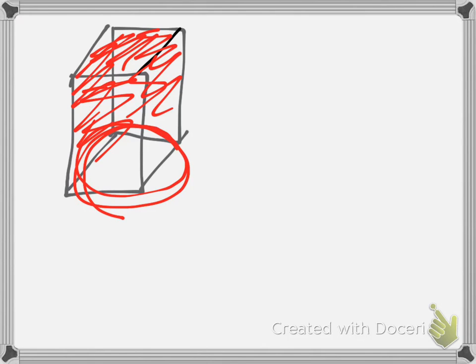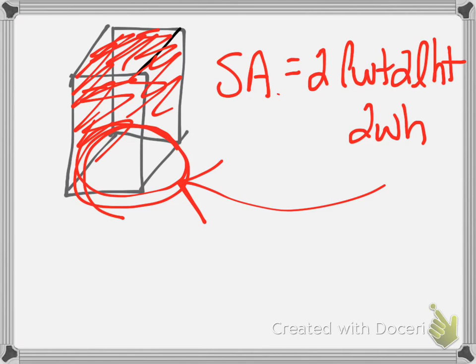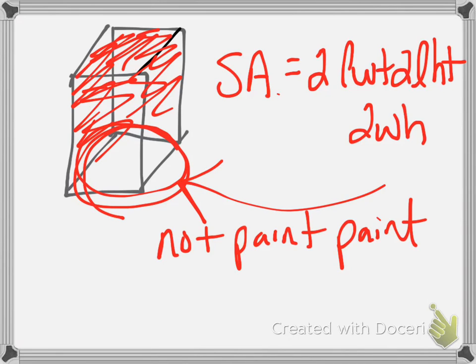So if you're thinking of this like a room, you're going to paint your ceiling and your walls. You're not painting your floors. So be careful, because some formulas, like this one, surface area of a rectangular prism is 2LW plus 2LH plus 2WH. But in this case, you're not painting the floor. So if you're not painting the floor, you don't have 2 of each of these sides.